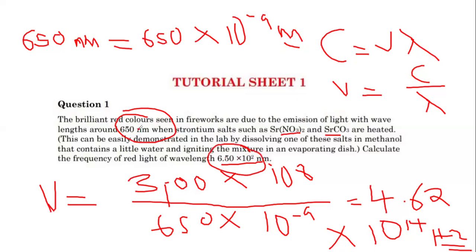They have just moved the point, this is 650, so they have moved the point 1, 2. So it has become 6.5. And then they have put times 10 to the power 2, which is the same as 650, right? Yes, so it is the same value. So in converting, you can use any of them. It will still give you the same answer.